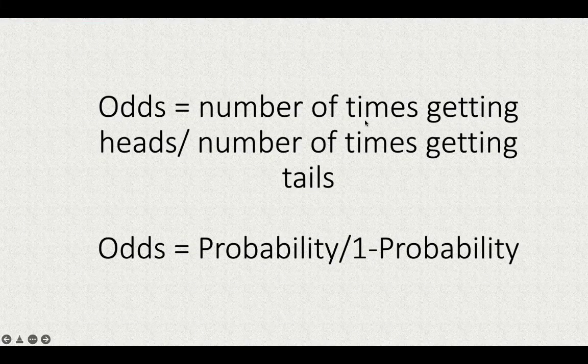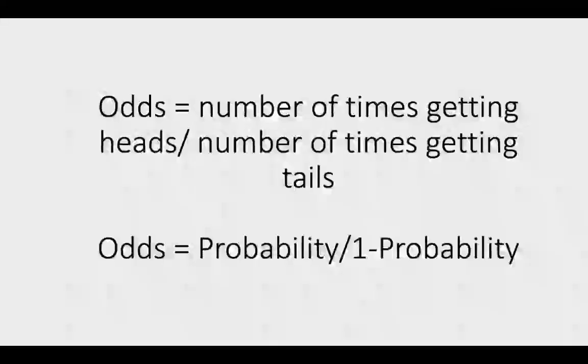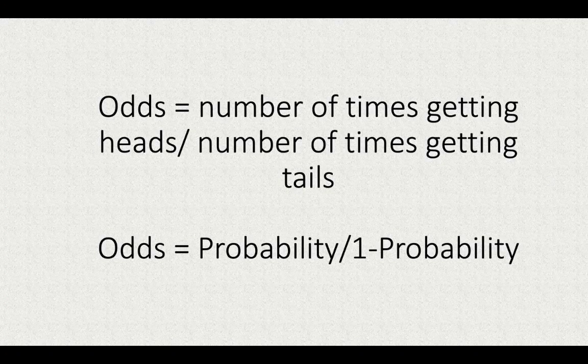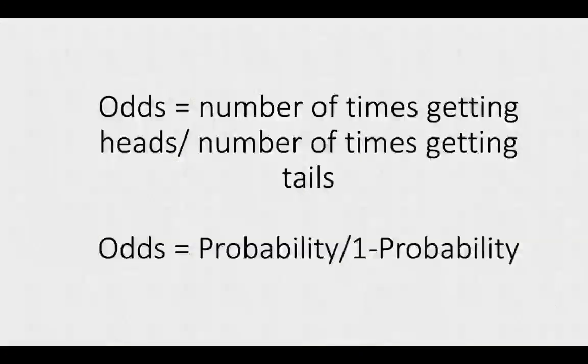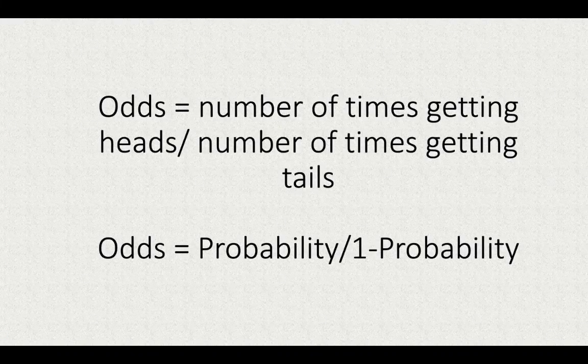So what is odds? Odds is the number of times getting heads divided by the number of times getting tails. As we discussed, probability is the number of chances of one event happening divided by the number of all the events happening. Odds is the number of chances of one event happening divided by the number of chances of another event happening.